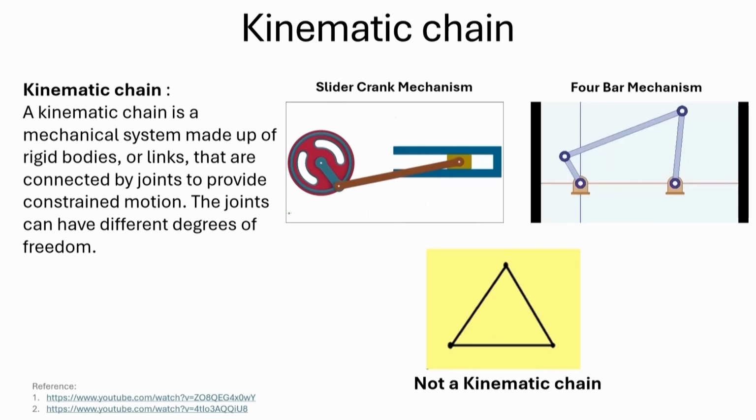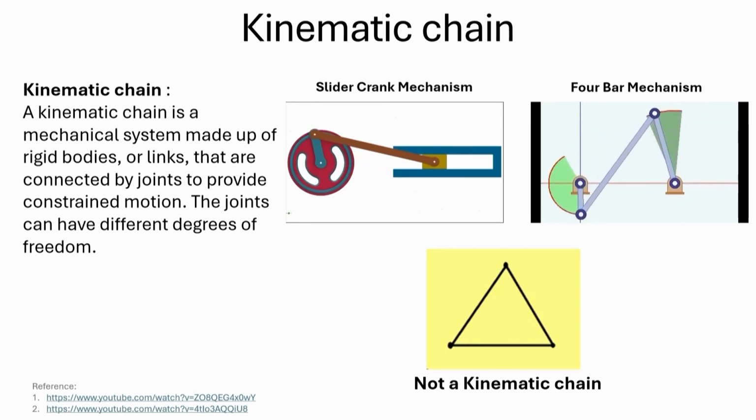One very popular such mechanism is called a slider crank, which I have shown to you earlier. The other very popular example is the 4-bar mechanism. The reason we call it 4-bar is because we consider the base to be another link. So, 1, 2, 3 and 4. That is the 4-bar mechanism.